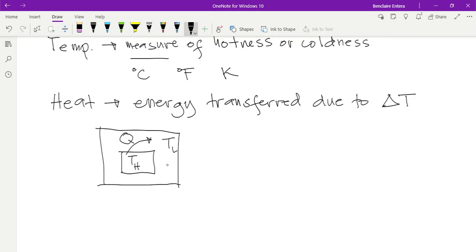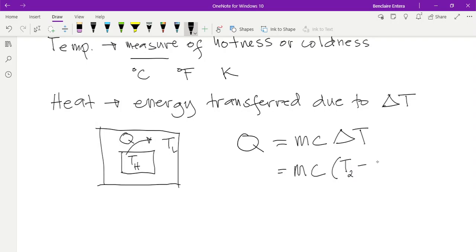And you are also familiar with this equation, Q equals mc delta T, where m is the mass of the object or substance, c is the specific heat capacity, and then the temperature difference. I don't know what you used.